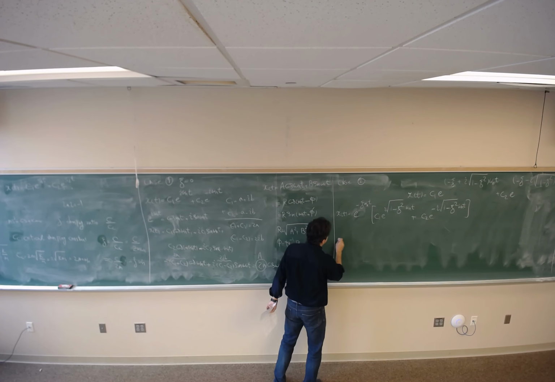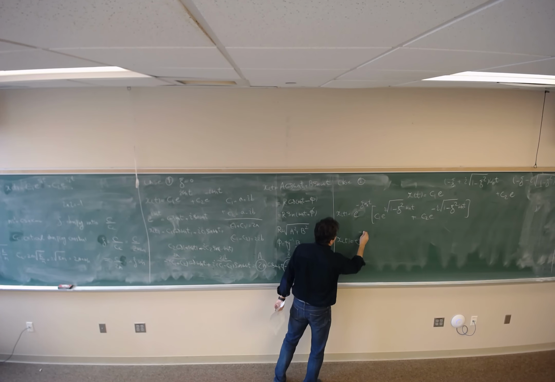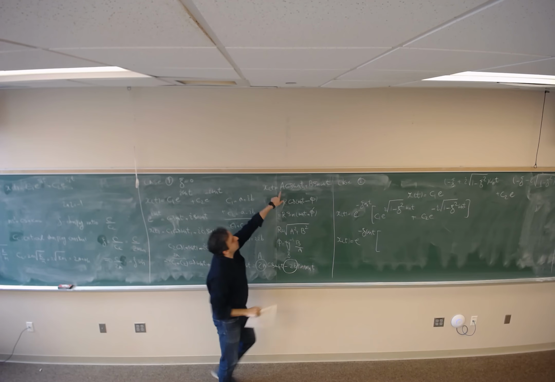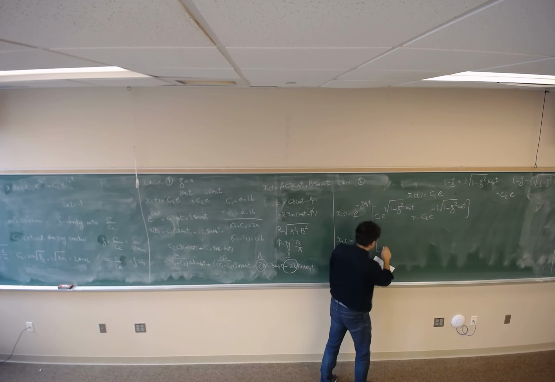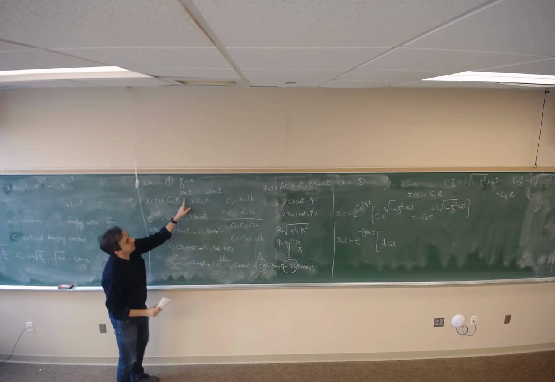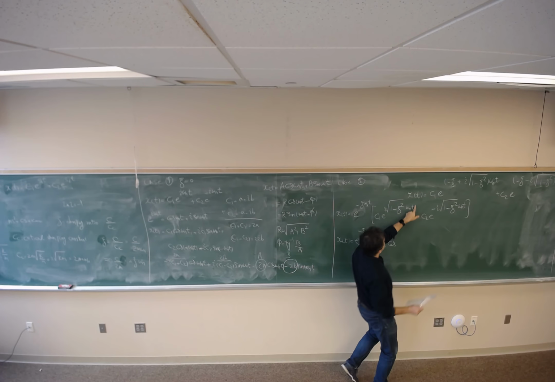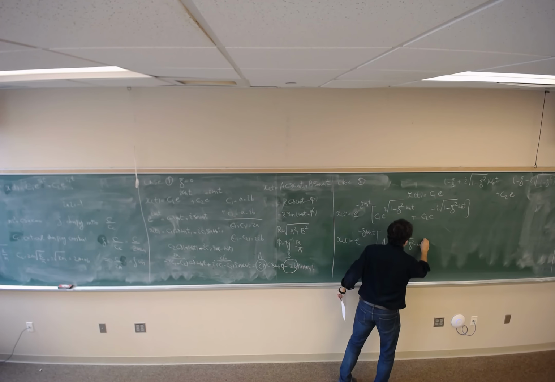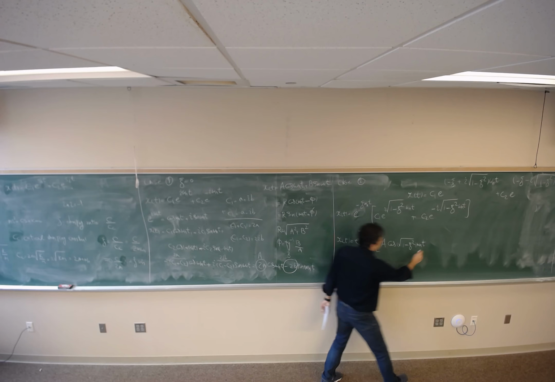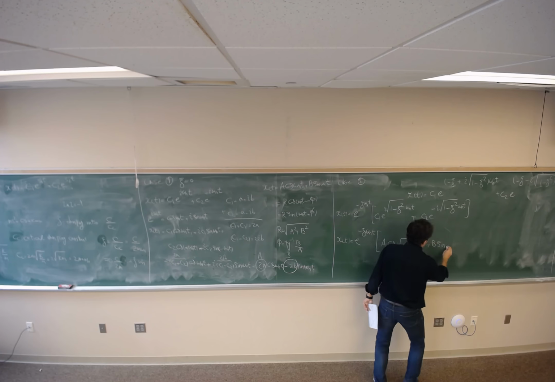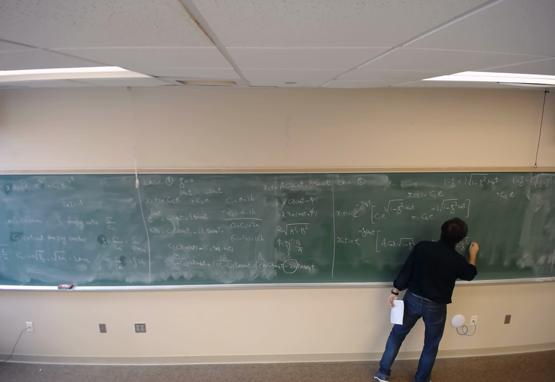So x of t is going to be e power negative zeta omega nt. Inside the bracket, I'm going to have a cosine of square root of 1 minus zeta square omega nt, plus b sine of square root of 1 minus zeta square omega nt.